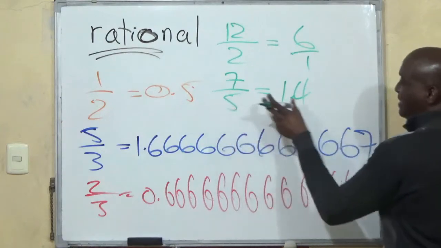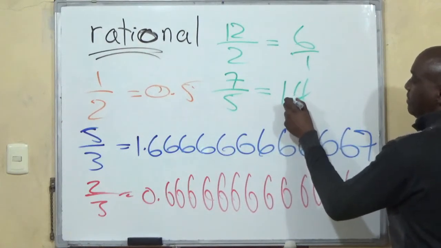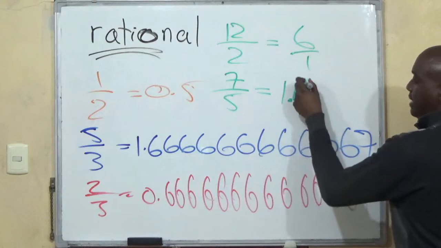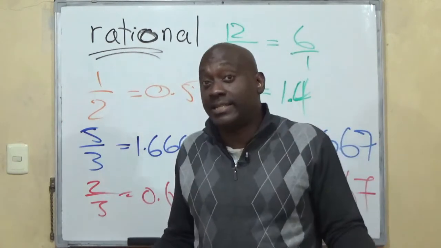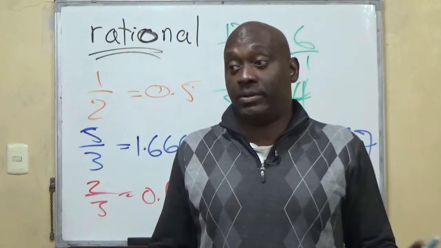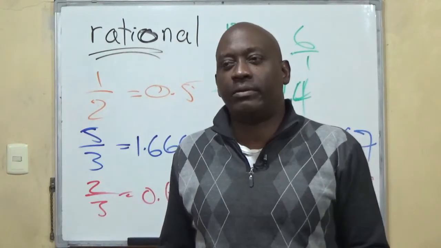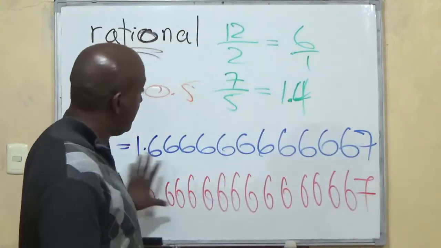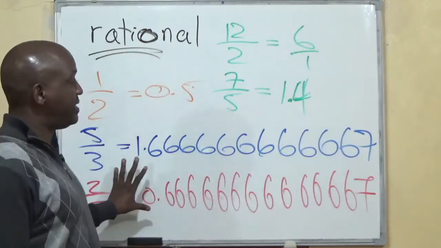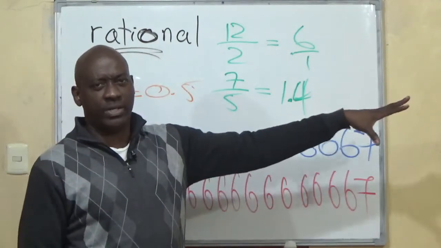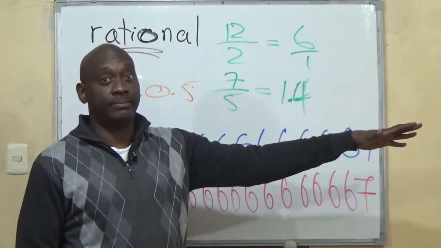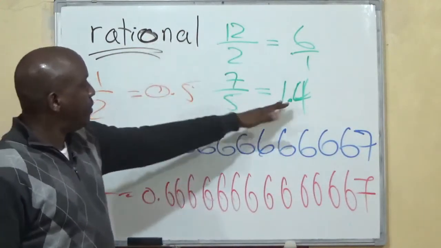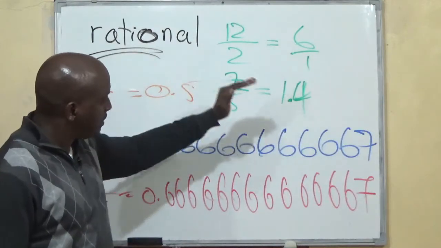Improper fraction, decimal, but the decimal has an end. If the decimal stops, we could refer to it as a finite decimal if we want, because it has an actual end, 1.4, as opposed to these fellas here, which we can refer to as infinite decimals. It just goes on and on for as long as you care to go until you're tired and you stop. 1.4, rational number.